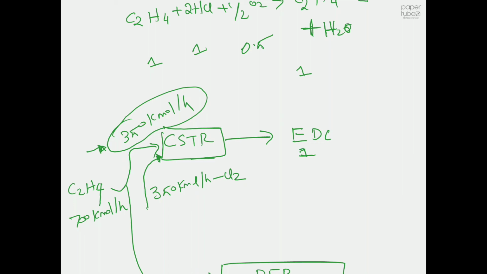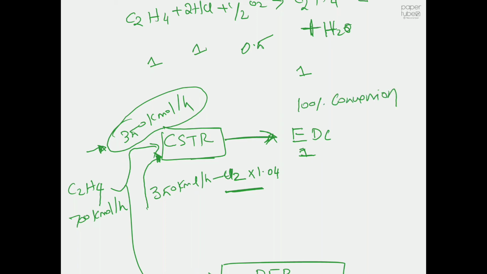Normally in industry, in order to ensure 100% efficiency, we add chlorine in excess, say multiplied by 1.04. So we add chlorine slightly in excess of the stoichiometric amount to ensure complete conversion, something near 100% conversion.